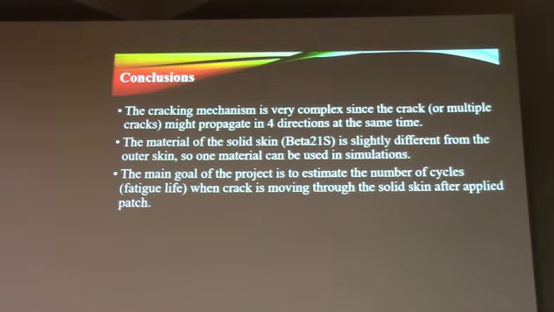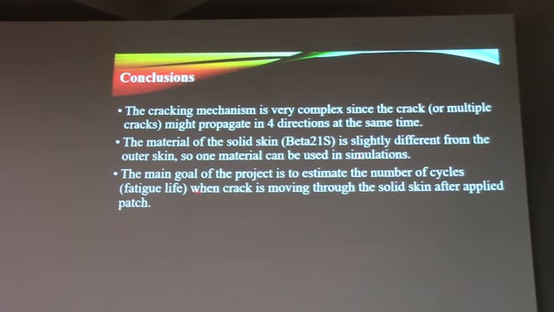So, conclusions. This cracking mechanism is very complex. As I showed you on one slide, it could go 4 ways. This conclusion is not very important, but slightly different materials can be modeled as one.